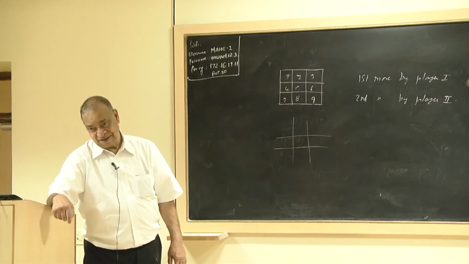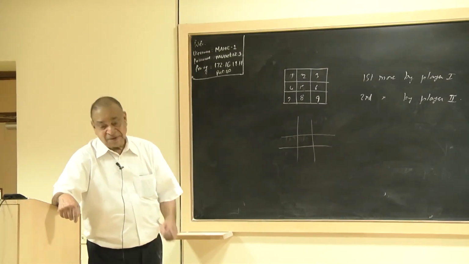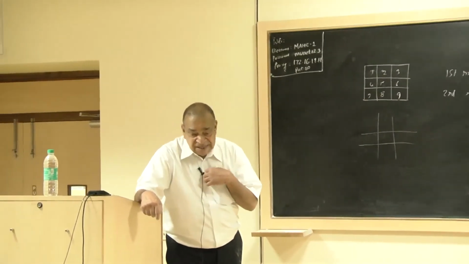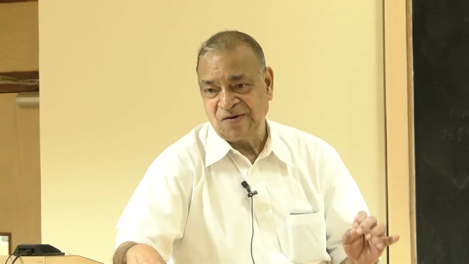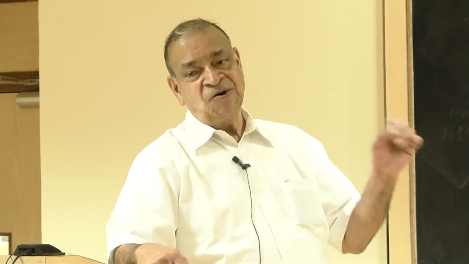Now let us take player 2. What will be the instruction? Player 2 is not playing the game; he wants his wish to be followed by the representative. We must write down an instruction.